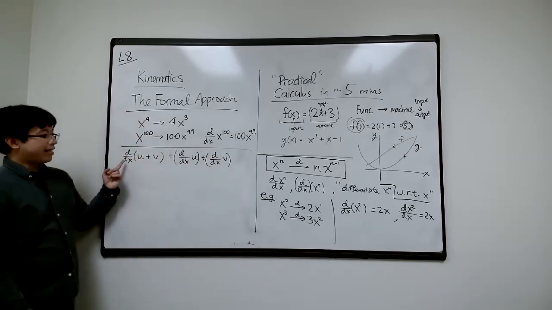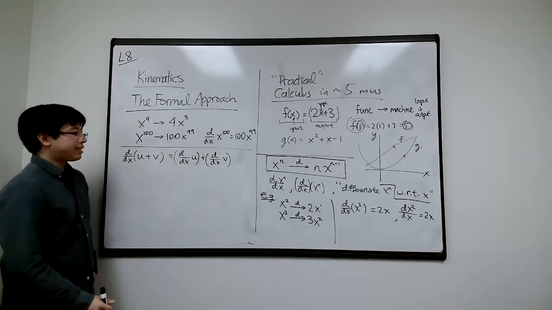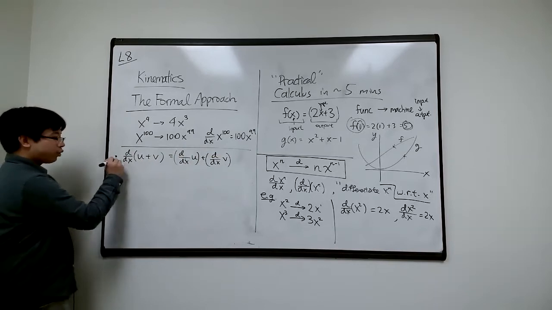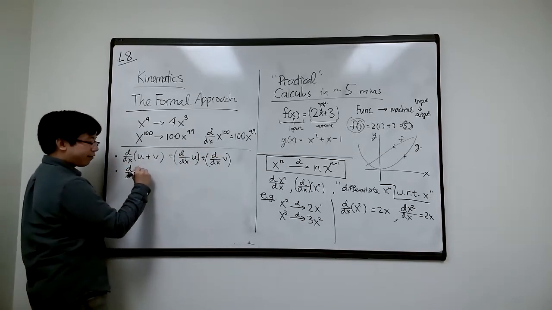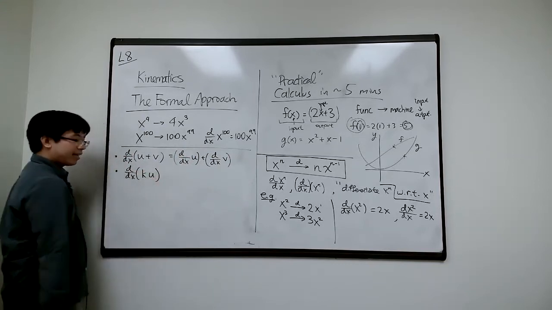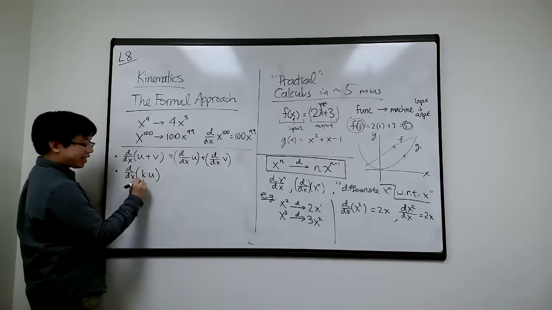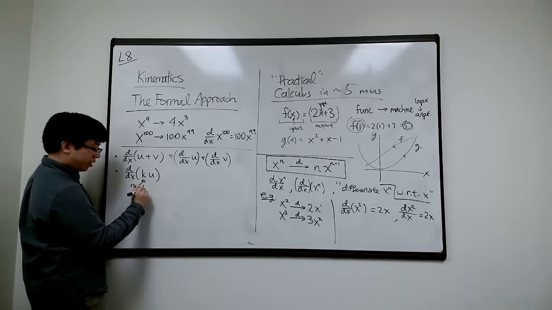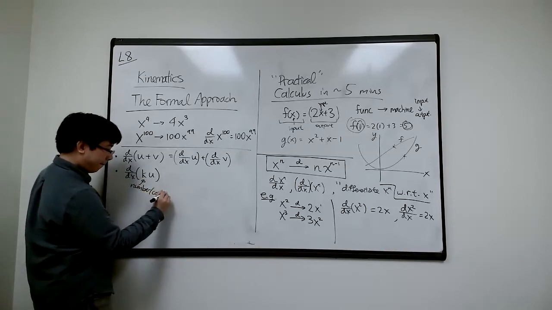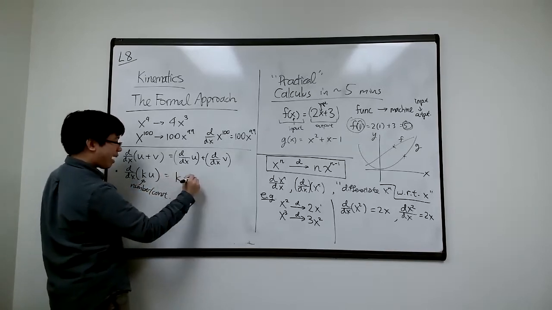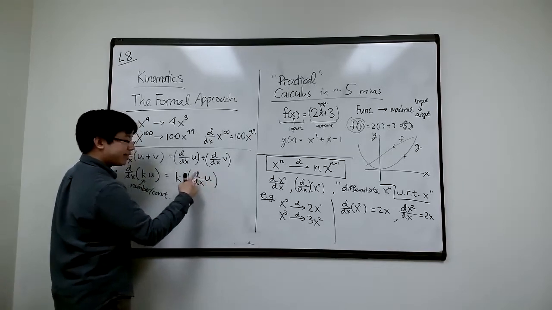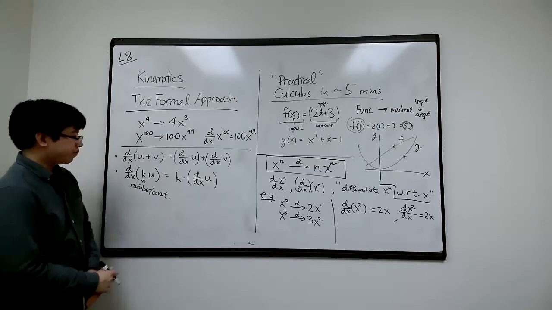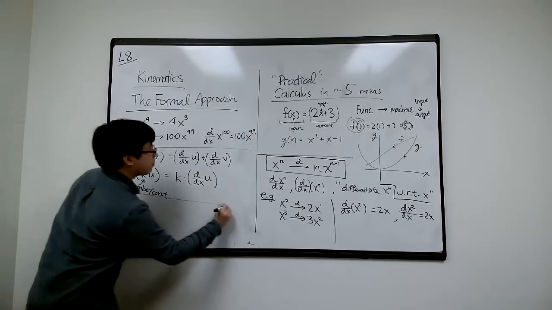Okay, so if you're adding things, you can differentiate them separately. And so this is rule number one. The second rule is if you differentiate something with a constant in front, so k times u, if k is just a number or a constant, you can pull that out first and then just do the differentiation of u. Okay, so you may want to put this in a box as well.